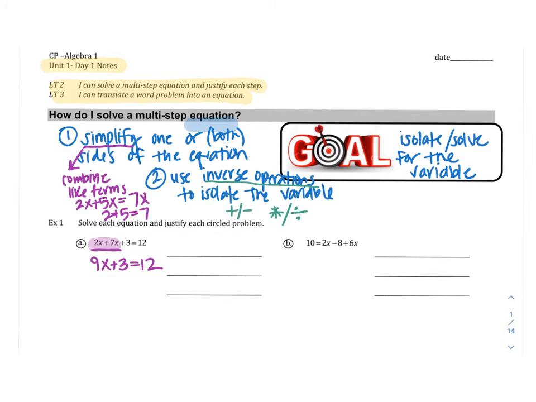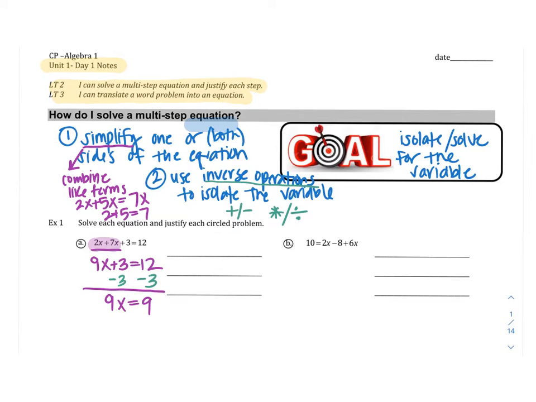Back to example 1a, I want to isolate the variable, so because it's a plus 3, I'm going to subtract 3 from both sides. And now I have 9x equals 9.